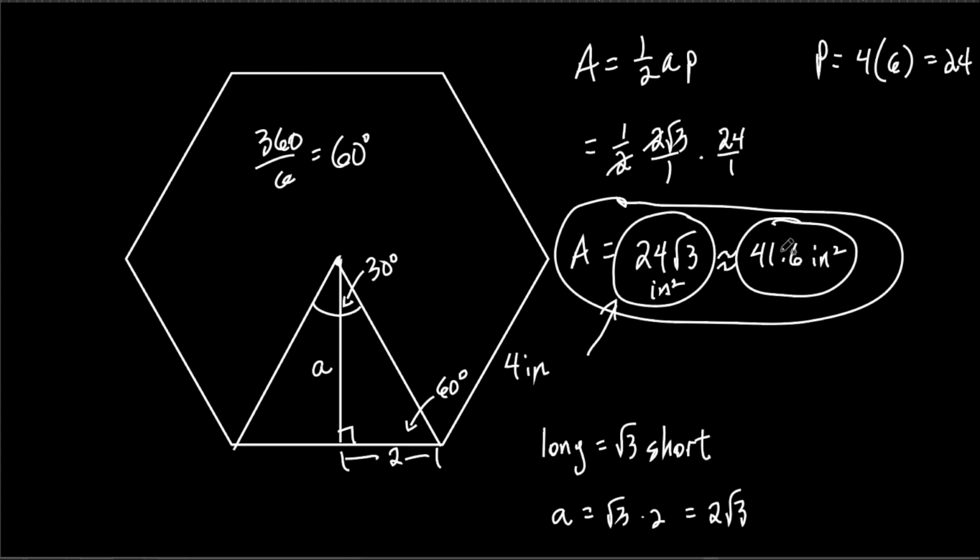And that's time you could have spent working on another problem. Not that approximations are a bad thing. They're a great thing because in the real world, in real life, we use the approximation. We wouldn't use the 24 square root of 3. We would use the approximation, okay? But in a high school geometry class, I'm fine if you just keep it like this. We good? Yeah. All right.